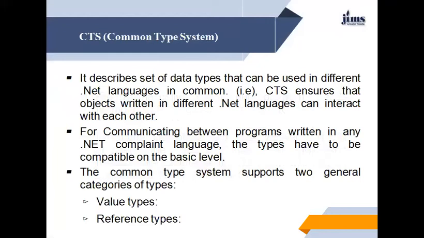CTS, the Common Type System, describes a set of data types that can be used in common in different .NET languages. So CTS ensures that objects written in different .NET languages can interact with each other. .NET provides the facility for interaction of different languages, so there is a need for a common type system.